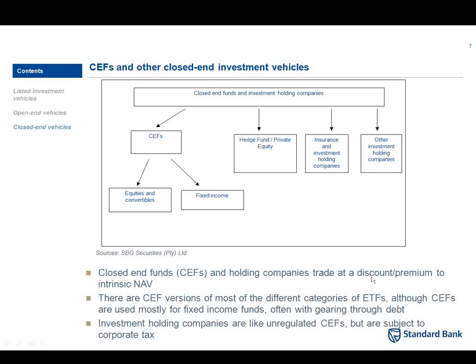So that's the advantage of a CEF, that you can take on debt which you wouldn't do with an ETF normally. And then investment holding companies can be thought of, I suppose, like an unregulated CEF, but remember that because they're not just a pass-through, they are subject to tax in the holding company or in the consolidated entity.